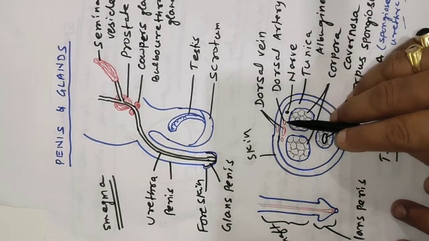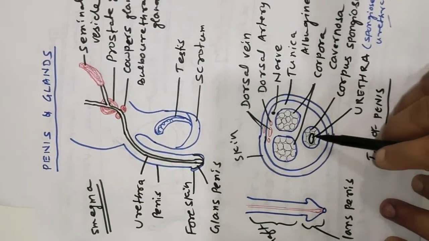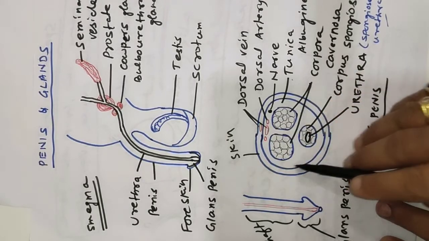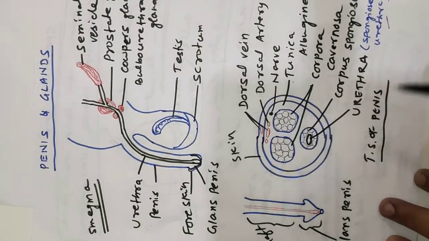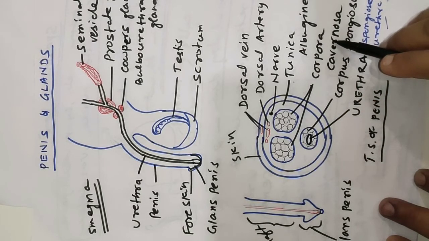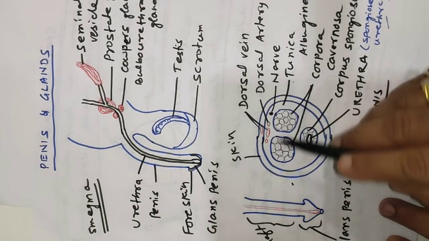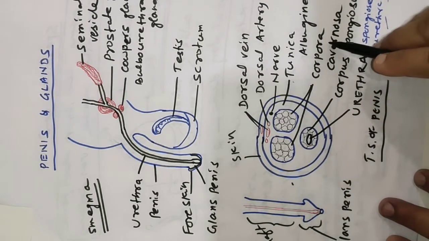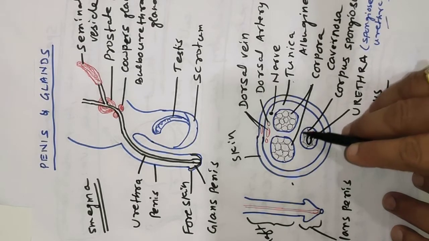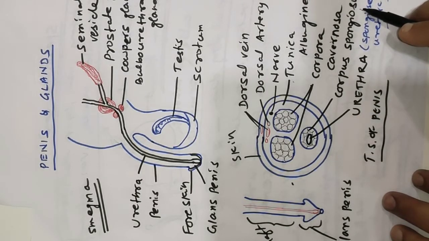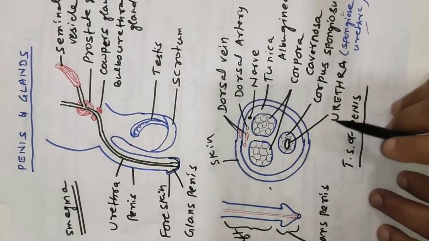It is supplied with blood vessels and nerves, the dorsal vein, dorsal artery and nerve. The tunica albuginea encloses a pair of corpora cavernosa, found on the two dorsolateral sides, and a single medioventral corpus spongiosum. Inside the corpus spongiosum, the penile urethra passes.